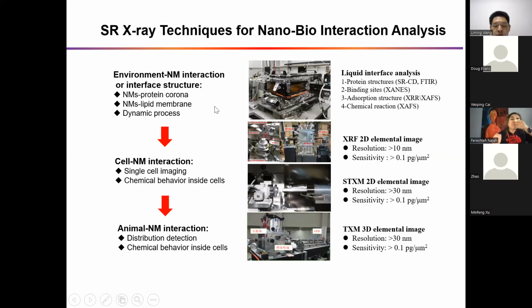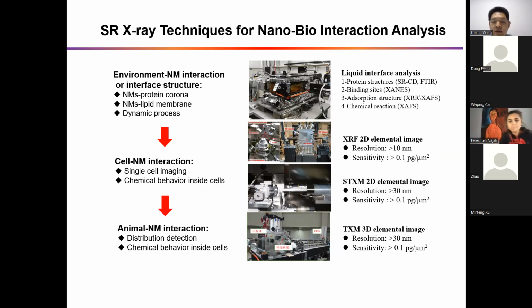To know the processes, we developed several kinds of methodologies. For example, for liquid interface analysis, we can use synchrotron radiation CD and FTIR to detect protein structures before and after the interaction with nanomaterials.